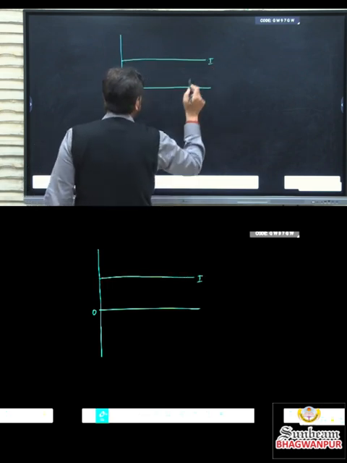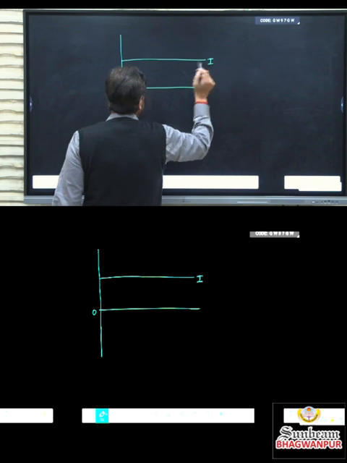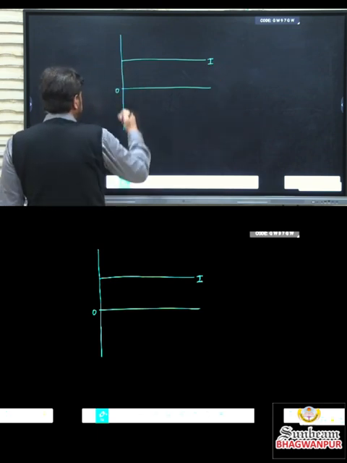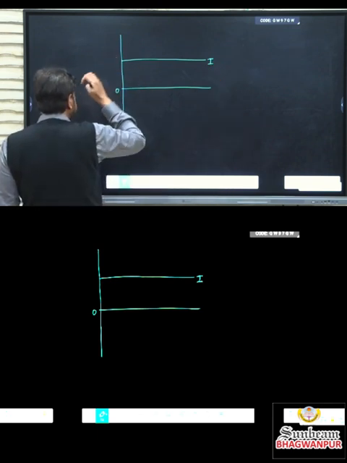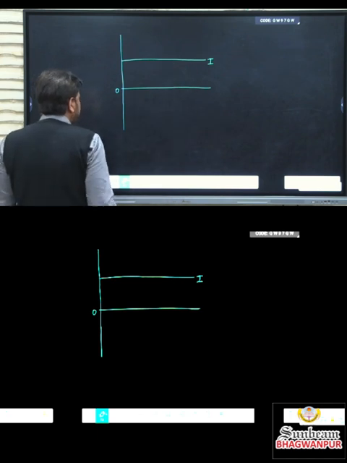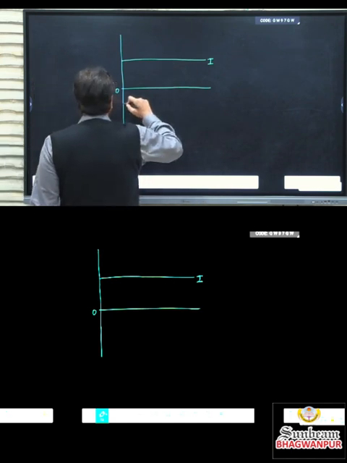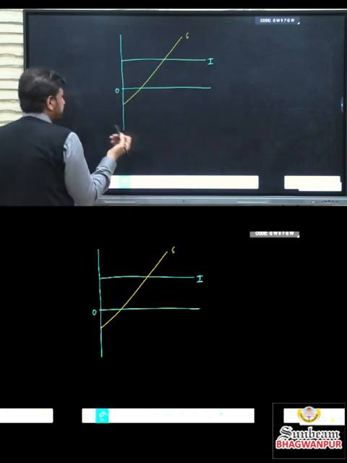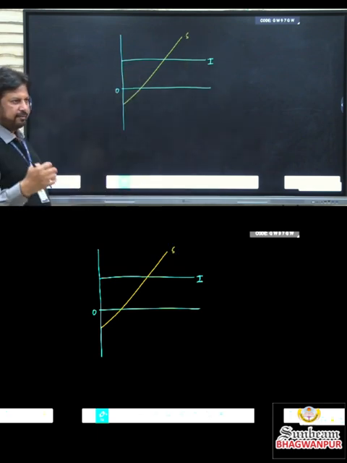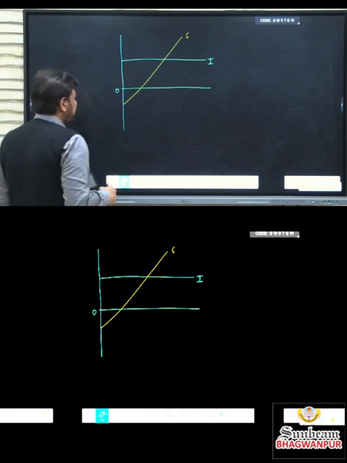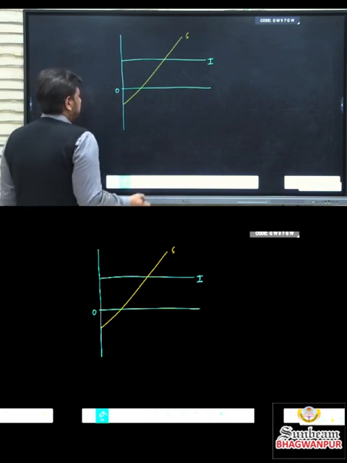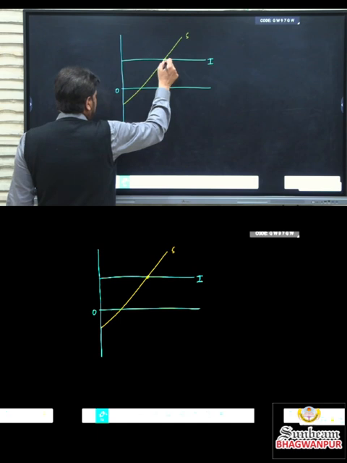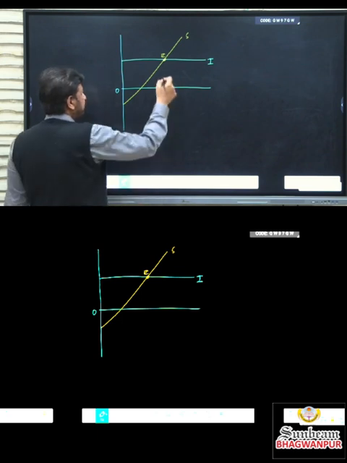Autonomous investment is always positive, starts from the positive y-axis and remains constant at each level of income. The saving curve starts from the negative y-axis because there is some positive consumption even at zero level of income. Already we discussed. This is the point where saving and investment are equal to each other. So this is the point of equilibrium.